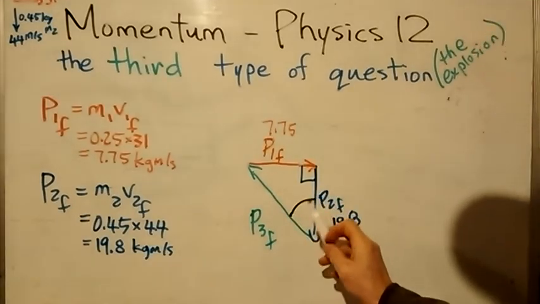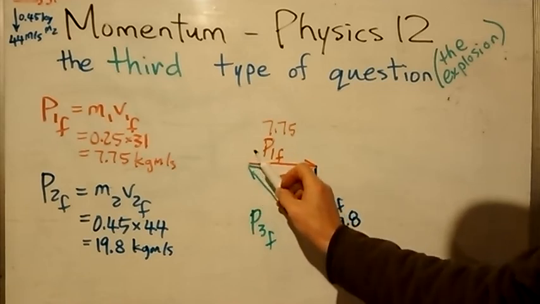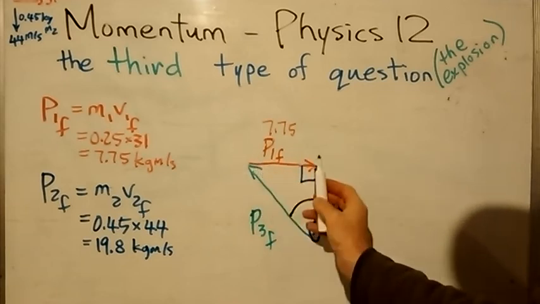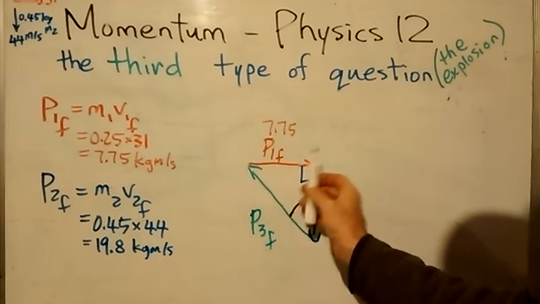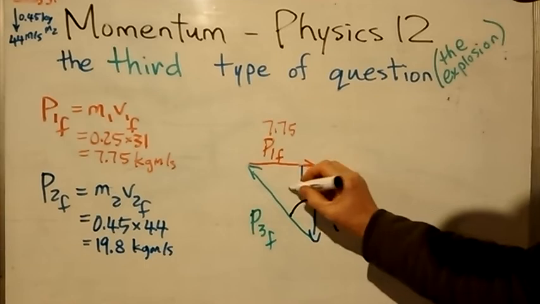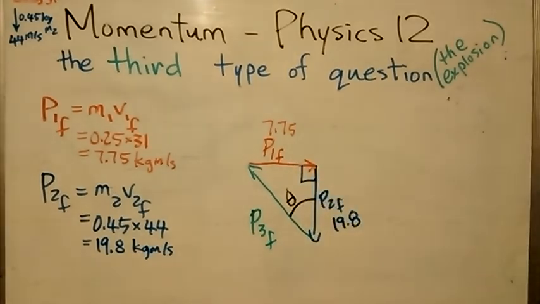because it'll not be going northwest, it'll be some theta west of north. So we have to find out theta as well. Okay, and we'll do that right now.